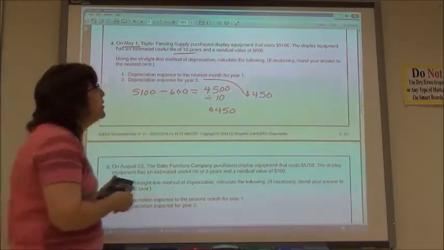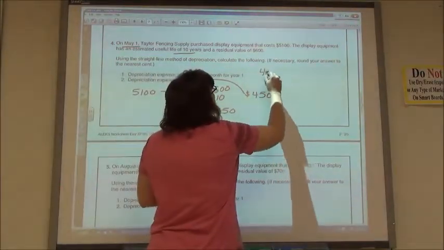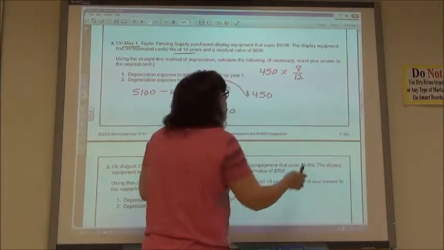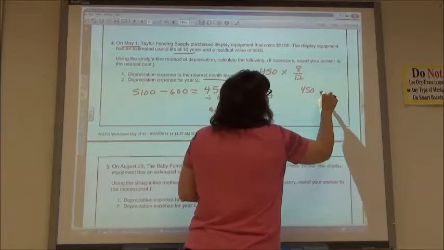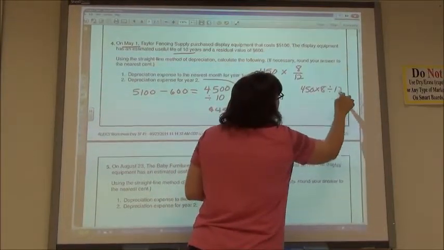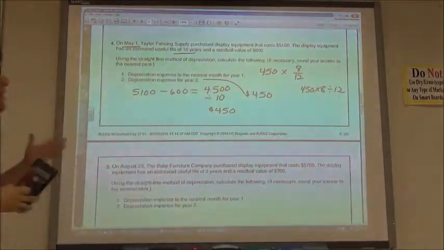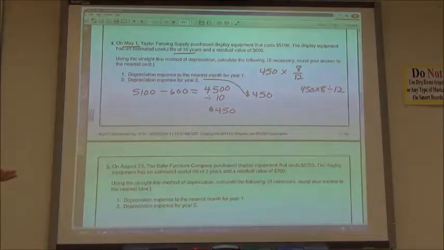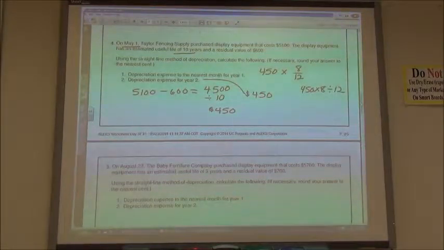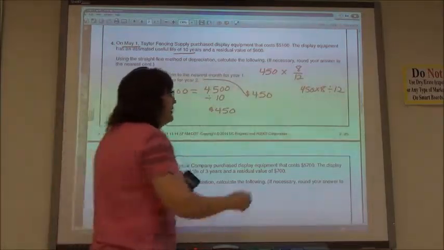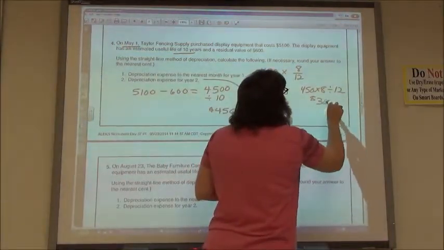So what I'm going to do is take the year's depreciation and multiply it by 8/12, or do 450 times 8 divided by 12, because we want the decimal, not the fraction, because I only have it for part of the year, not the full year. So 450 times 8 divided by 12 means the depreciation for those 8 months is going to be $300.